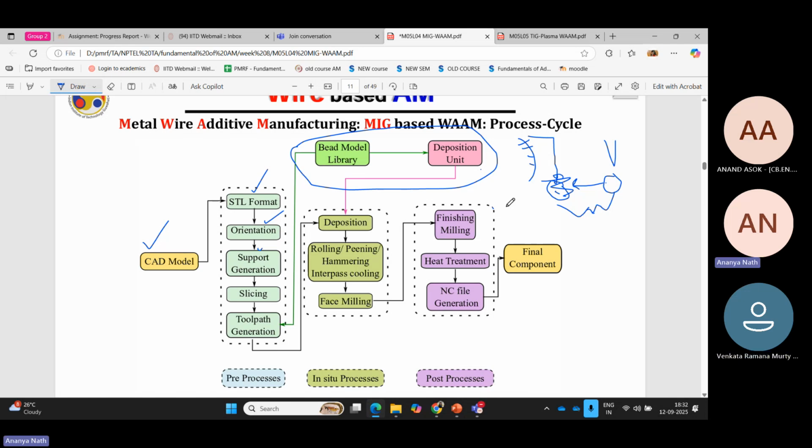If your part has tensile residual stress, which is detrimental to the part, and then you do peening, like laser peening or shot peening, you are introducing compressive stress, which will even out the tensile residual stress. So your part will be better in terms of property and stress.